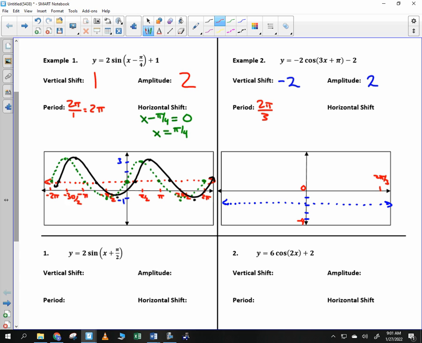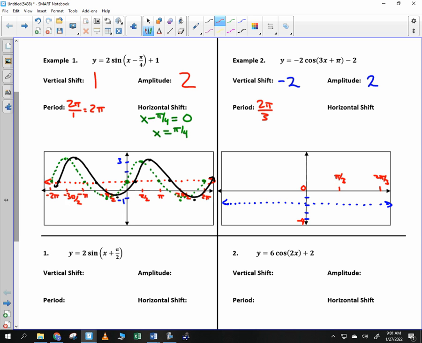What's half of 2 pi? 1 pi. What's half of 2 pi over 3? 1 pi over 3, right? Take 2 pi over 3, divide half, you get 1 pi over 3. What's half of 1 pi over 3?